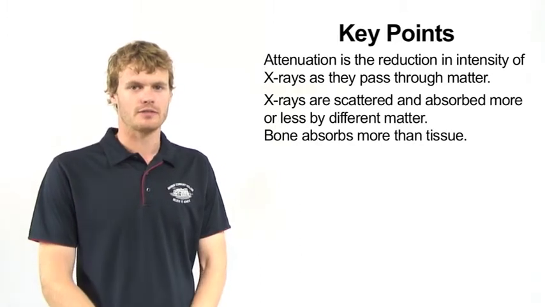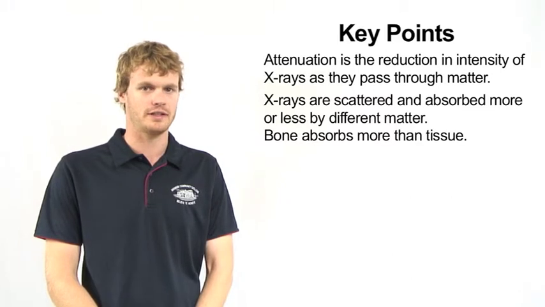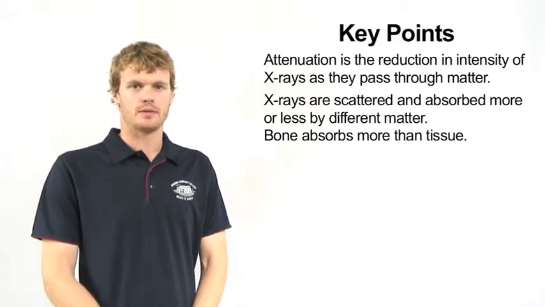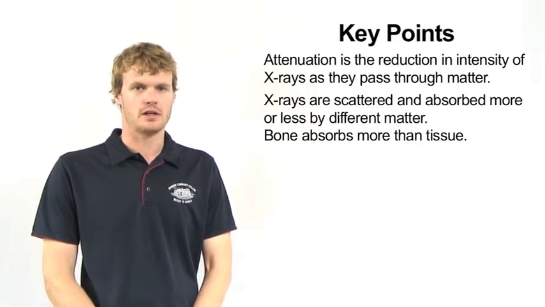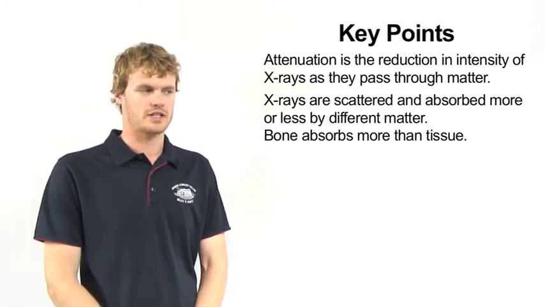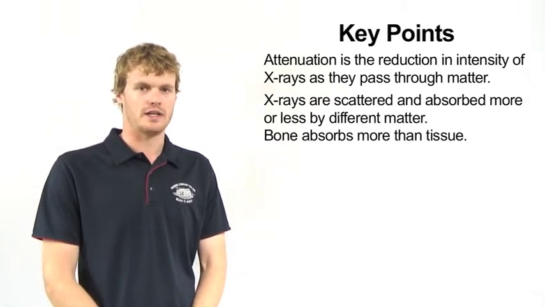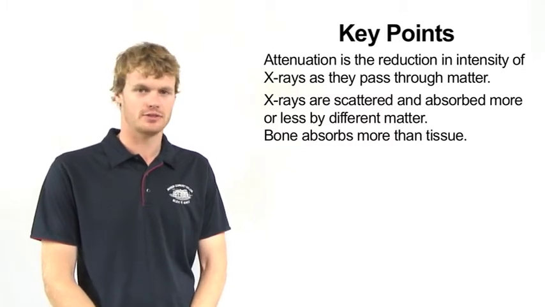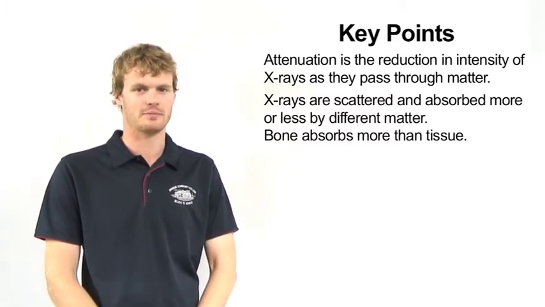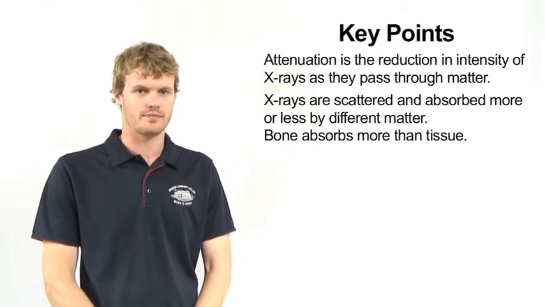So this is why we see images of our bones and, say, metal rods in our body clearly. The bone is more likely to absorb or scatter the X-rays, reducing the intensity of the X-rays actually reaching the film plate behind it, which then causes a bright spot. X-rays that are passing through our tissues and hit the plate behind it with higher intensity cause the darker spots.